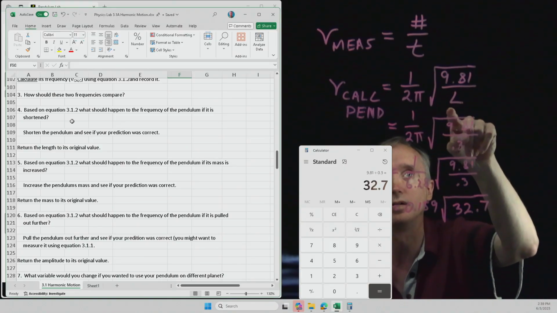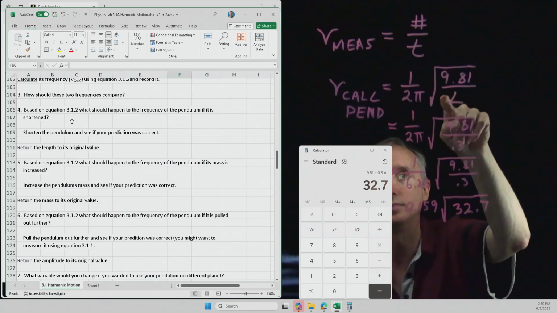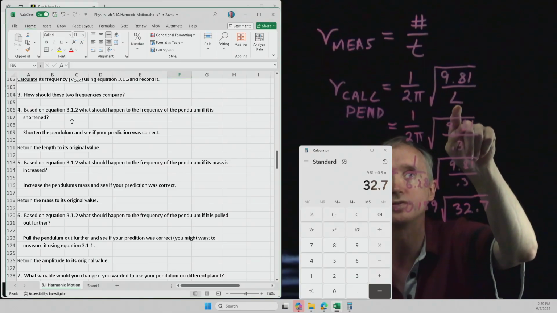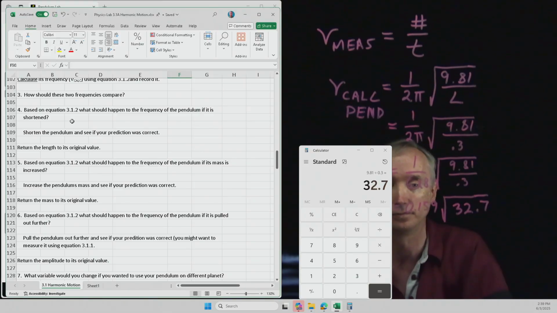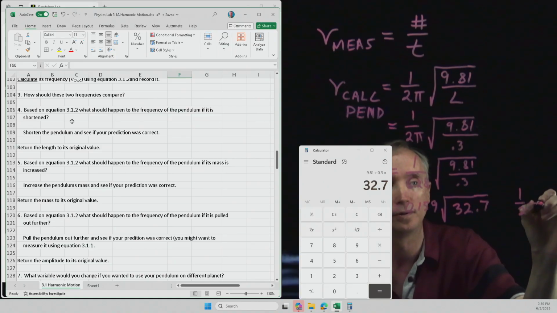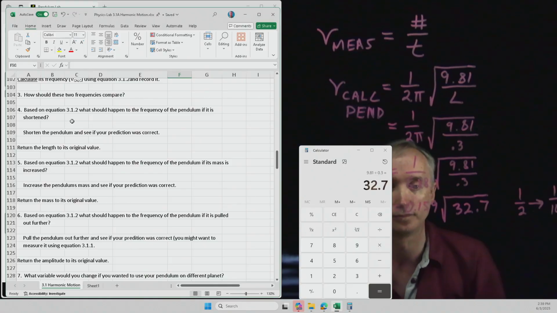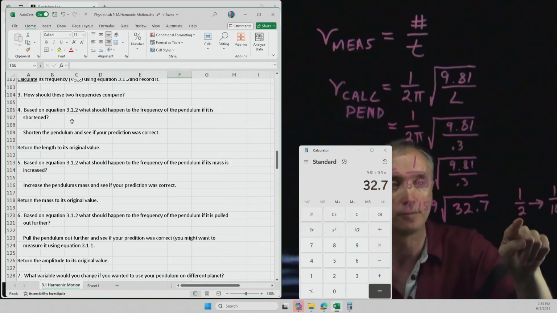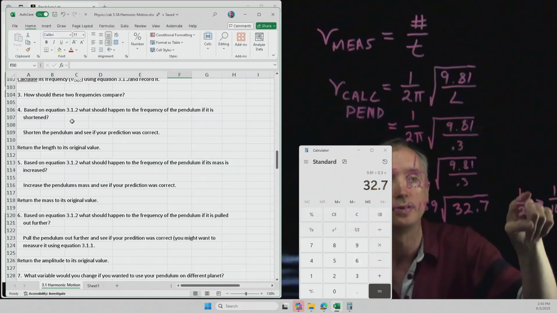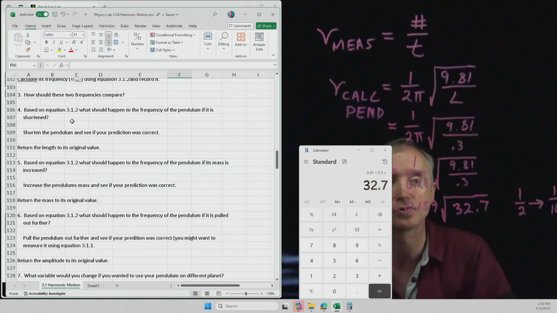Notice the L is in the bottom of that formula. So that means that if L was to get larger, so let's do it here, 1 over 2 compared to 1 over 10. So you see that this number got bigger, and therefore what comes out gets smaller.